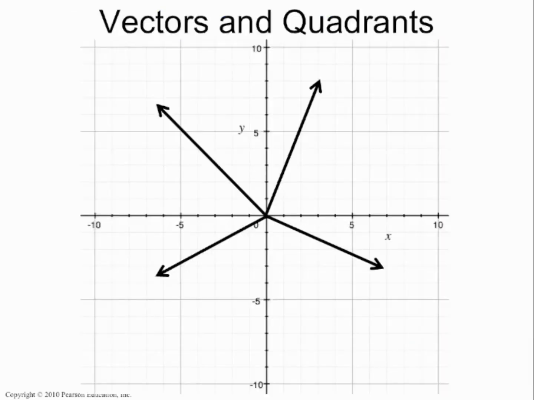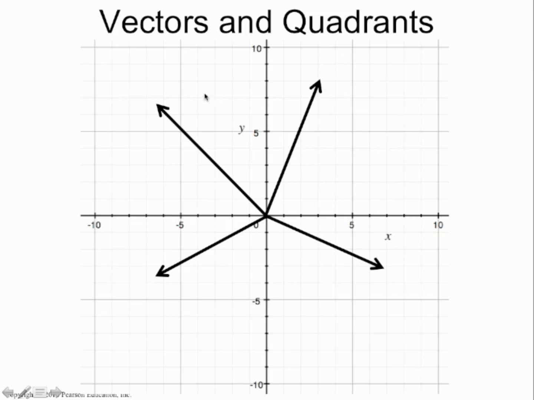Vectors and quadrants. Often when we talk about vectors, we will be talking about vectors in relation to the quadrants of the Cartesian coordinate system. Quick review on that. What I'm circling now with the mouse arrow is quadrant 1.